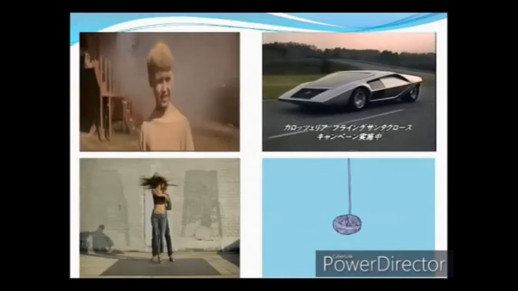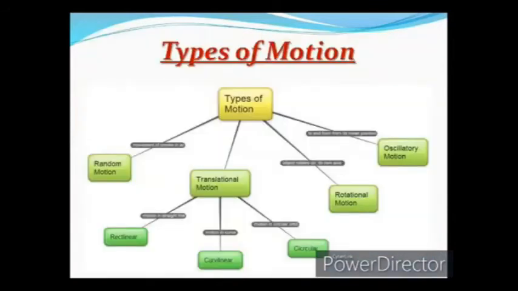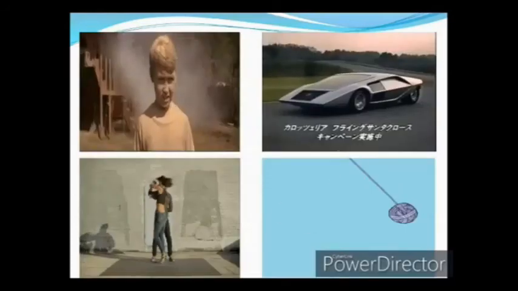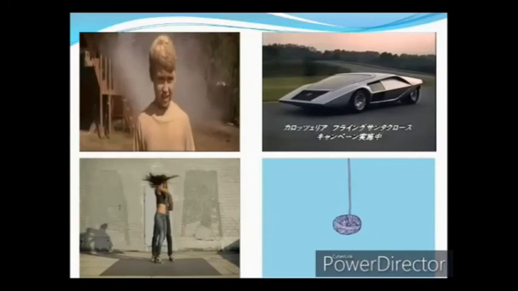The second type is translational motion, which can be further divided into 3 subcategories, which are the motion in a straight line called rectilinear motion, the motion in a curve called curvilinear motion, and the last, the motion in a circular orbit called circular motion. In the previous slide, we saw a car moving in a straight line. It represents the rectilinear motion.